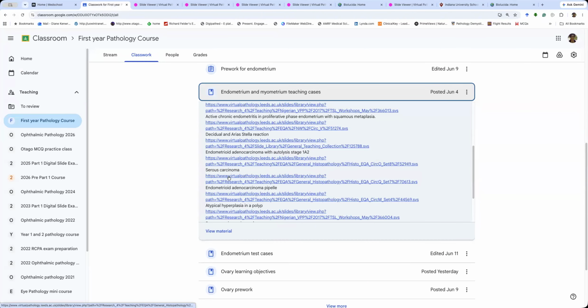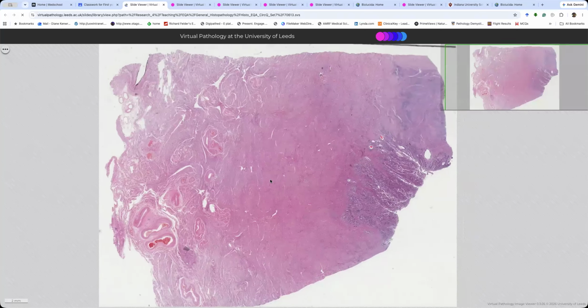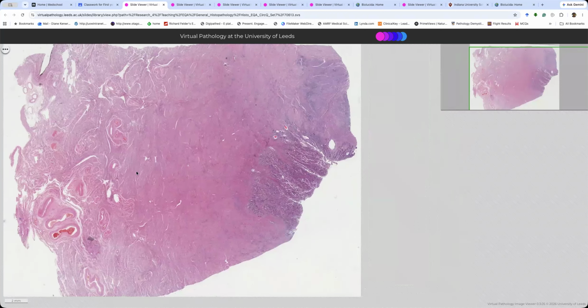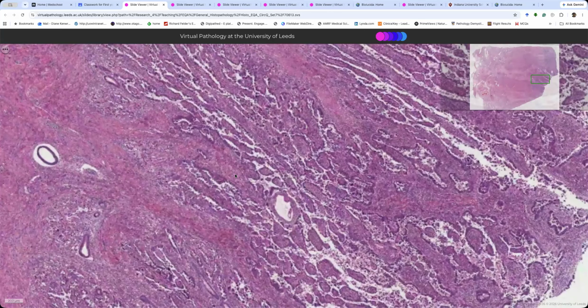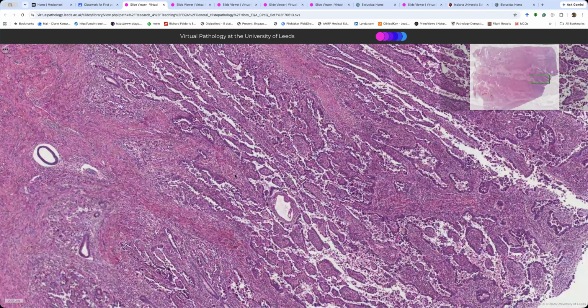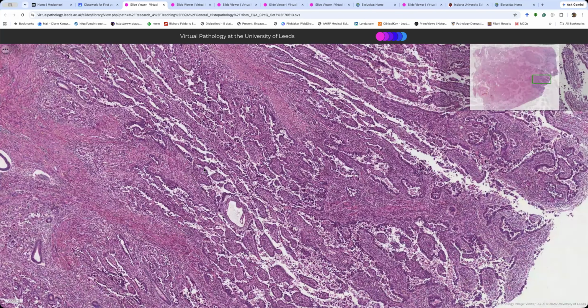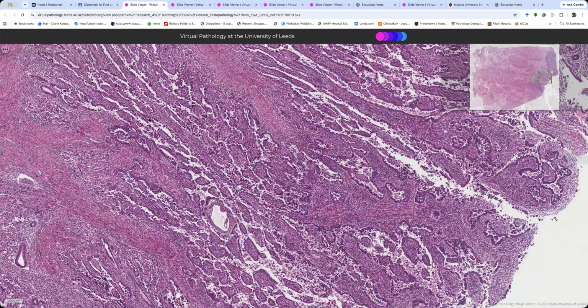Serous. Right, serous carcinoma. Here we are again. Serous carcinoma, the bad guy. Right. So when I said in serous carcinoma, the glands are much more slitty, can you see it now?